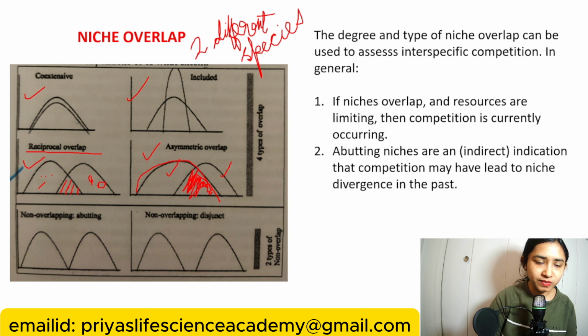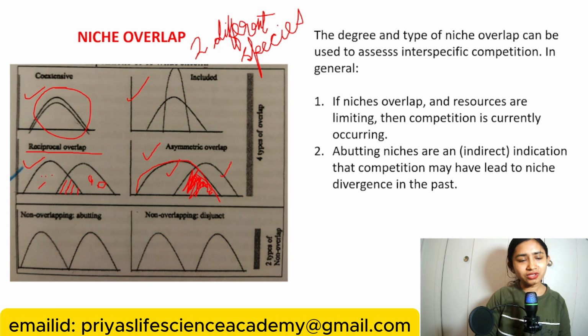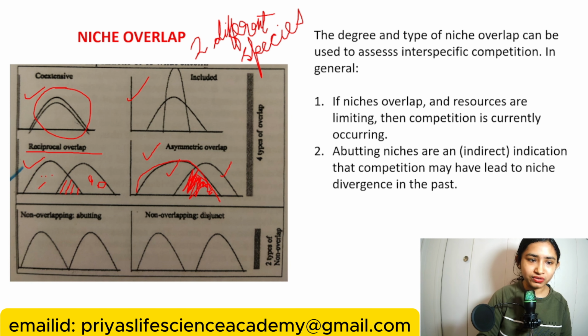So coexistence means both species can coexist naturally, can coexist fine. Included is where one species' niche is entirely contained within the other species' niche. Reciprocal overlap is where both species have some shared or common resource and some exclusive resource, so that they do not interfere with each other.